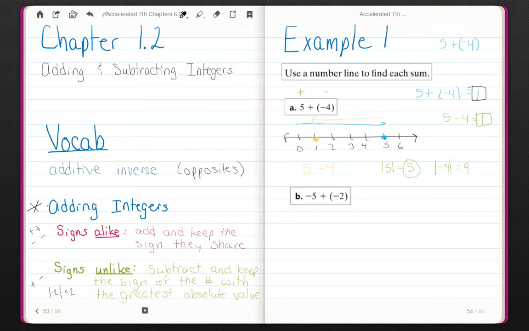But I'm just going to stick with the rules. So here we have signs alike. I have a negative and a negative. So -5 plus -2. 5 plus 2 is 7. They're both negative, so I'm going to keep the sign that they share. And it's as simple as that.